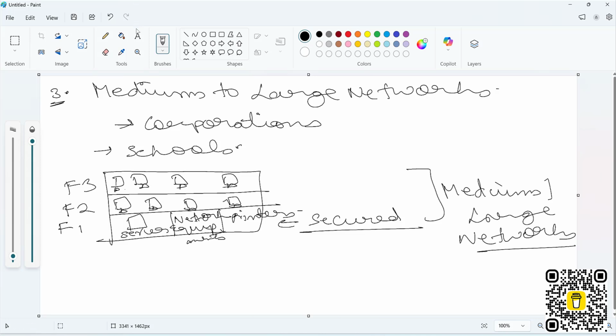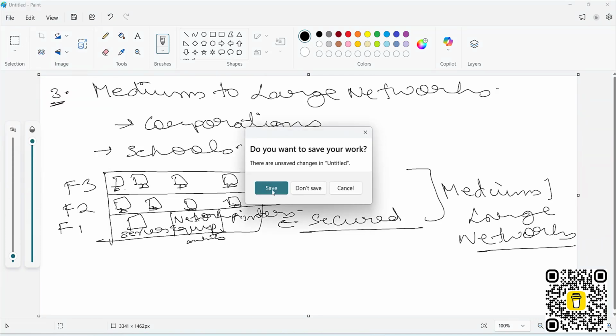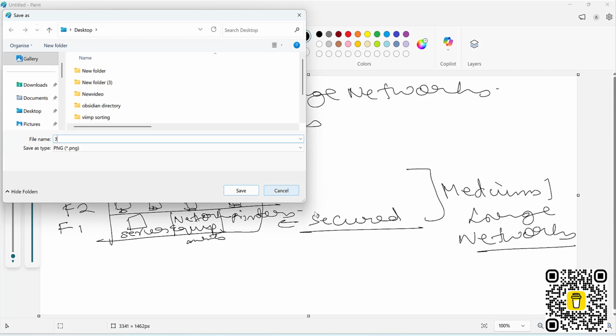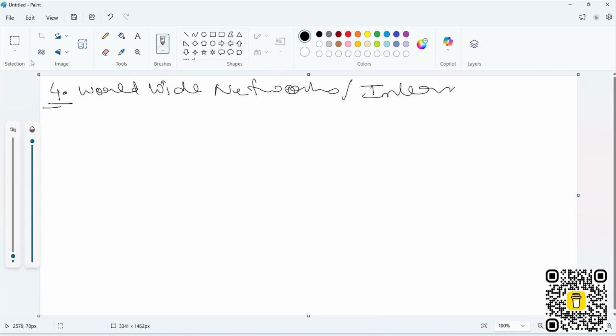Then the fourth thing which comes in the term of local networks is a very big network, or a network of networks, which is also called a worldwide network or the internet. What happens in the internet? We have a small or medium network over here, network number 1.